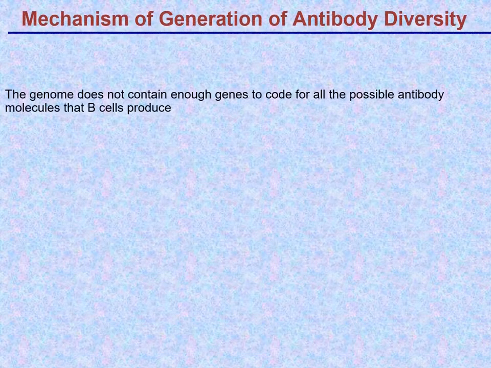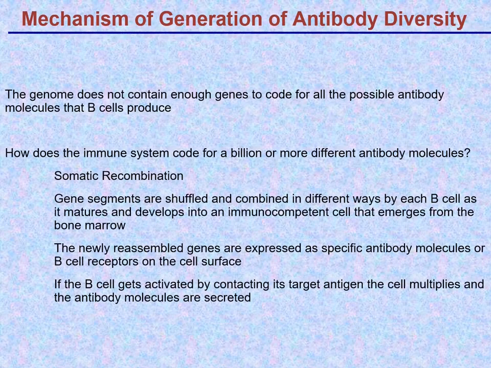Now, in order to have hundreds of millions of unique B cells in you, each with a unique antibody on their surface, you have to have a lot of genes, each one coded for, they're proteins, so they're coded for by genes.